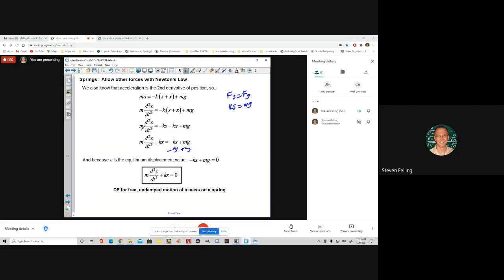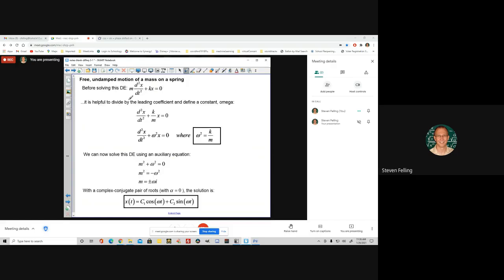So the equation for this mass spring system is that the mass times the second derivative of x with respect to t plus the spring constant k times x has to equal 0. And the force of gravity here is canceled out by the initial displacement, okay? So this right here is a second order linear differential equation of free undamped motion of mass on a spring. We'll talk about what these terms mean as we move throughout the lesson here.